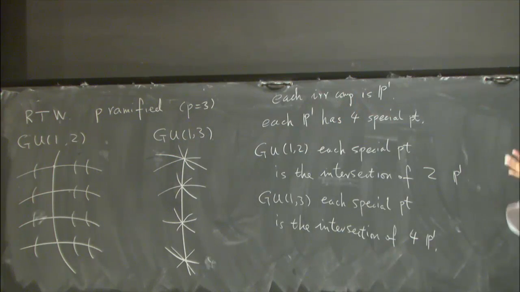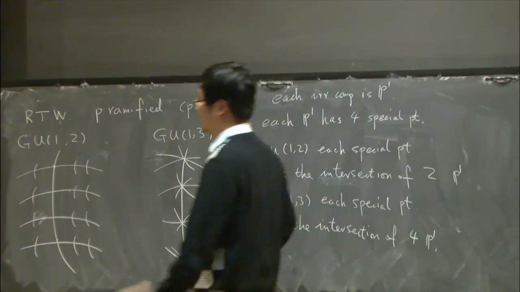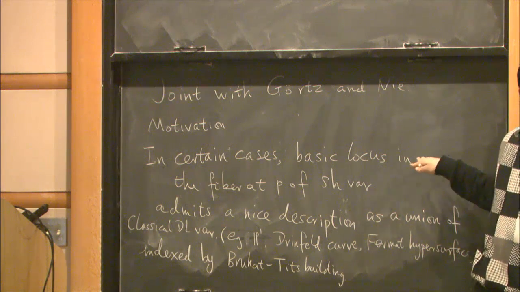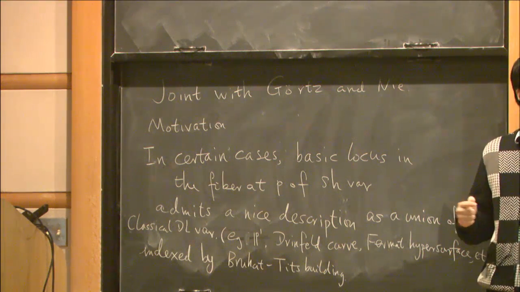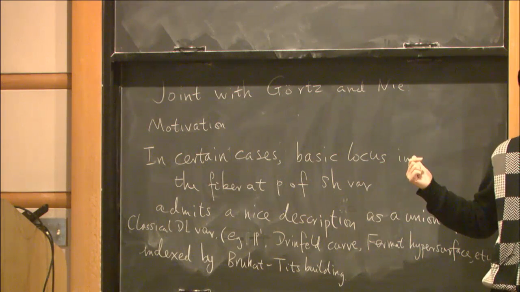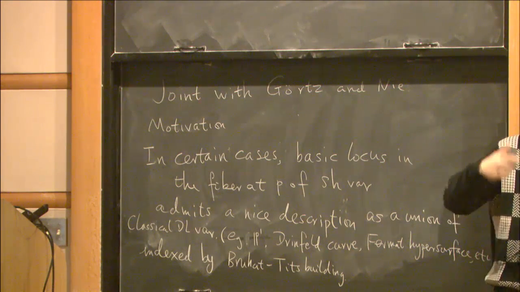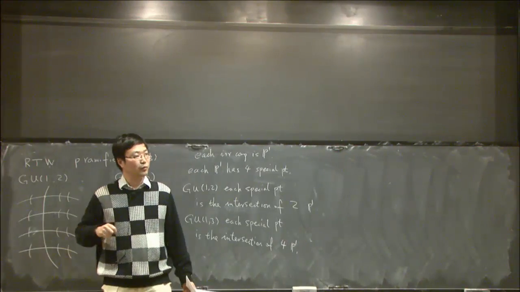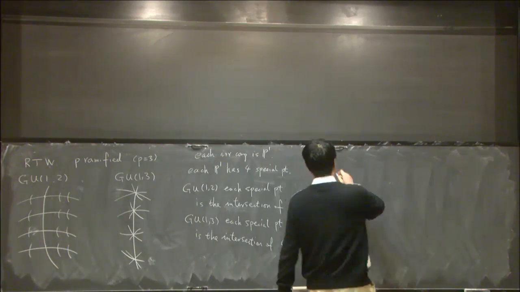Well, so this is a nice description, but why do we actually care about this? This certainly does not always happen. For example, for the Siegel case, this only happens for SP4. Starting from SP6, it becomes more complicated than the classical Deligne-Lusztig varieties.